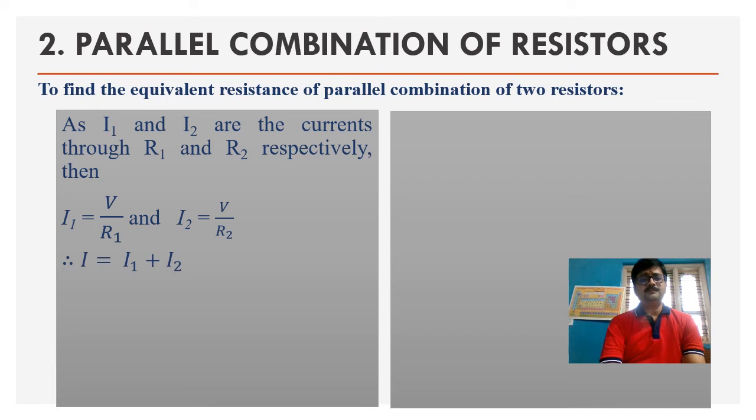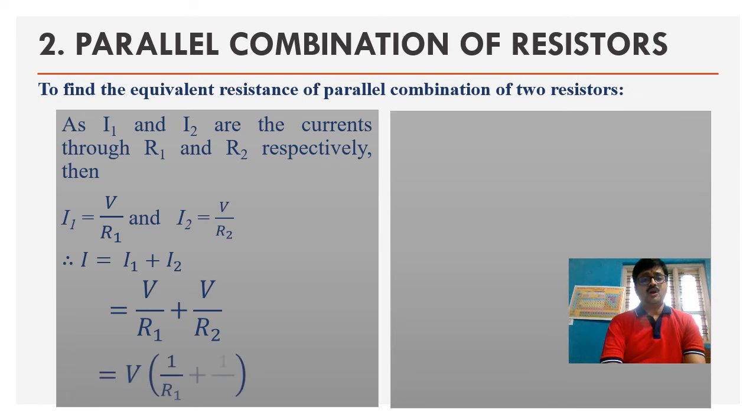Now let's proceed to the next step. Now let us sum up I1 and I2. As I was mentioning earlier, sum of I1 and I2 is nothing but I. So we have capital I is equal to I1 plus I2. Then let us substitute back the I1, I2 values that we have defined above. So obviously, I will become equal to V by R1 plus V by R2.